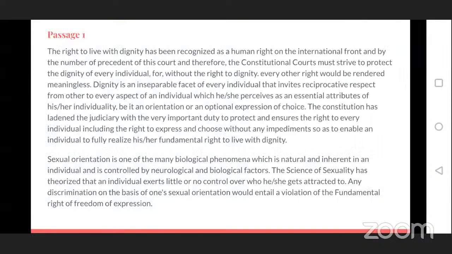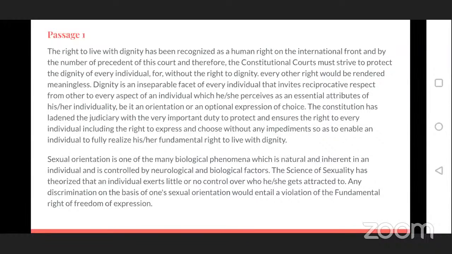So the first passage. I'll just quickly read it. Passage number 1: The right to life and life with dignity has been recognized as a human right on the international front and by a number of precedents of this court, and therefore the constitutional court must serve to protect the dignity of every individual, for without the right of dignity every other right would be rendered meaningless.